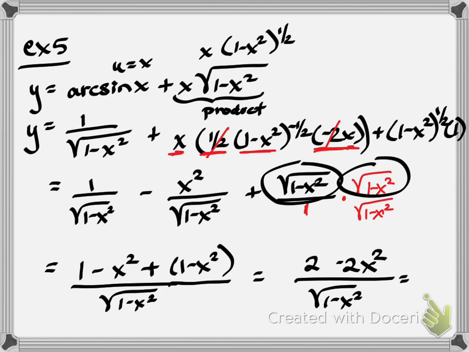Well, if we factor a 2 out now, that is a 1 minus x squared in the top and a 1 minus x squared to the 1/2 in the bottom. So what happens when we divide like bases? This one has a power of 1, and that's got a power of a half. When you divide like bases, you subtract the exponents, and so 1 minus a half is a half. And that's our answer. It wasn't terrible.